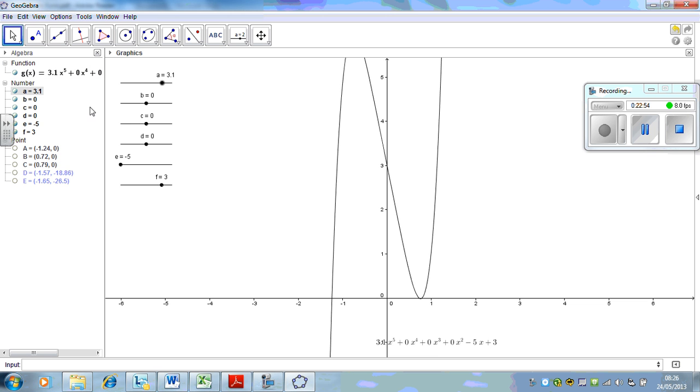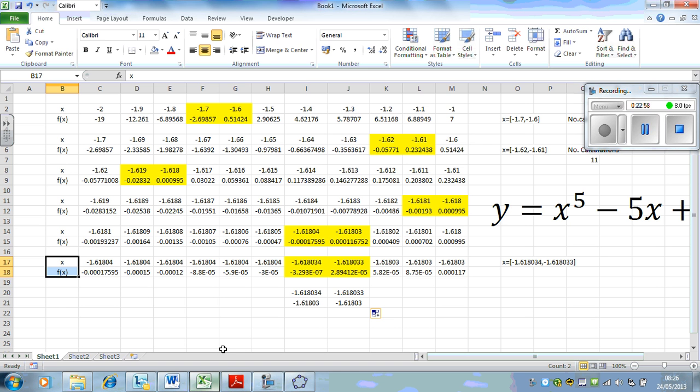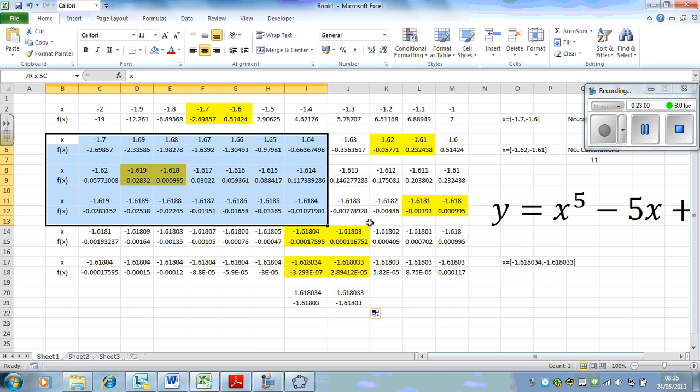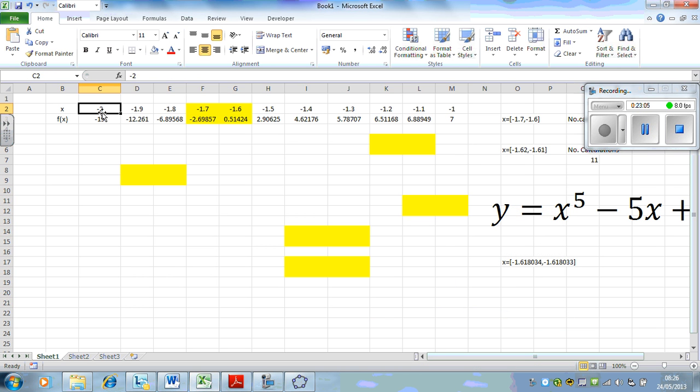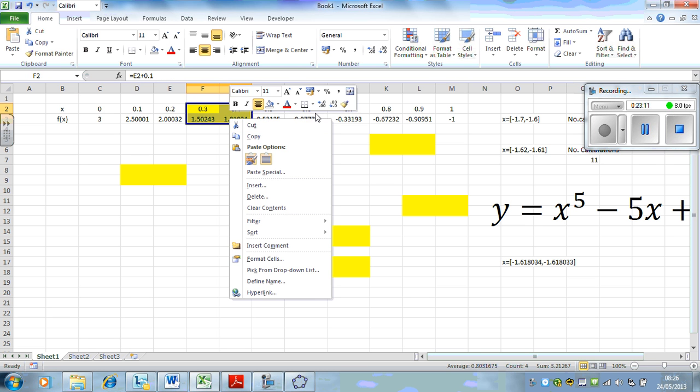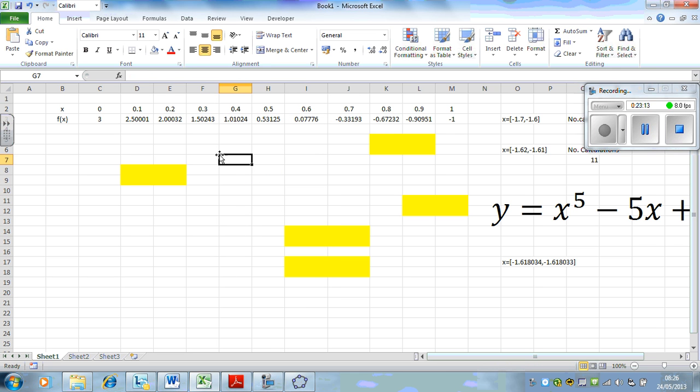What is it? 3.1x to the 5 minus 5x plus 3. Perfect, because if I just clear all of this stuff now, we know it's between 0 this time and 1.